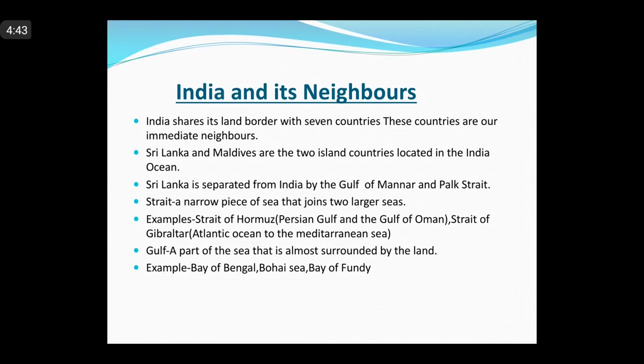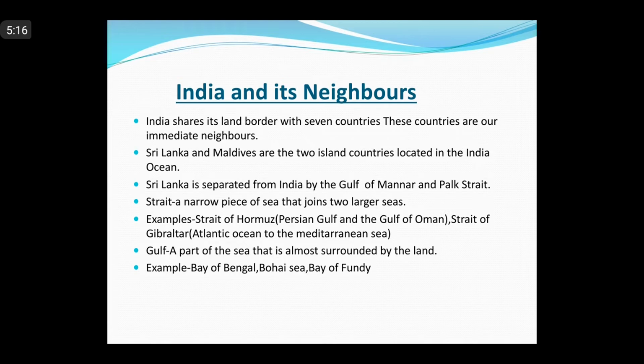These seas have played a very significant role in strengthening the trade and cultural contact of India with Africa, Southwest Asia and Southeast Asia. However, at other times, these seas have acted as a barrier to human interactions.